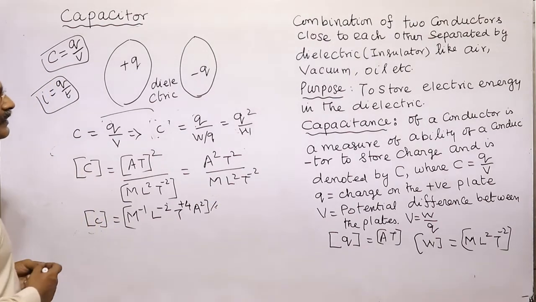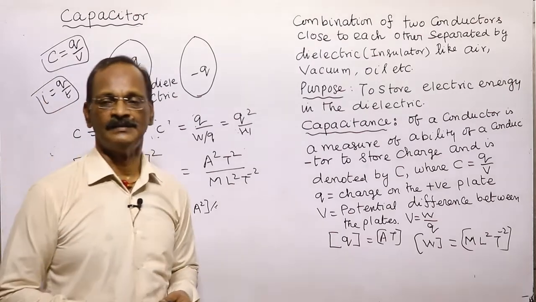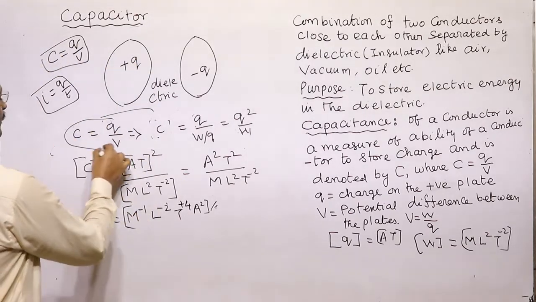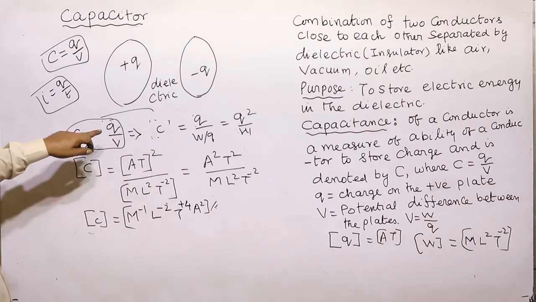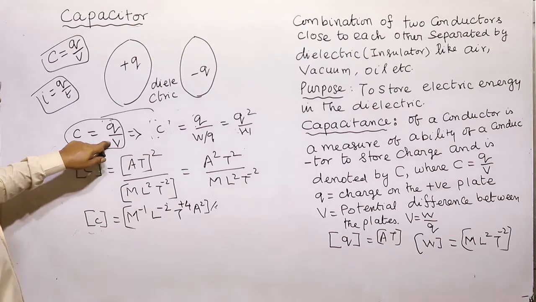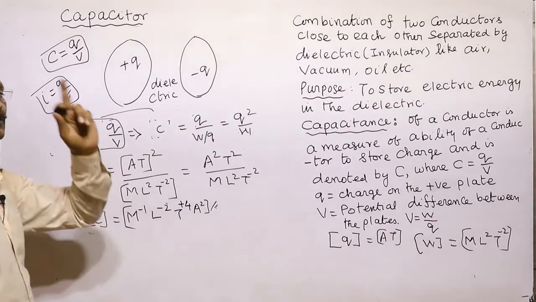Second thing, what is capacitance? Capacitance is also defined as the amount of charge required to increase the potential difference by 1 volt.